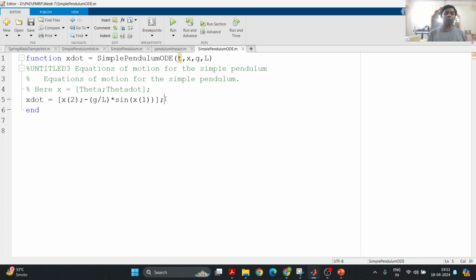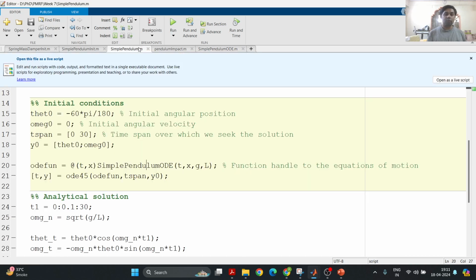And so this is our state space form of differential equations, and we have to give it to the solver. Here we are constructing the function handle.